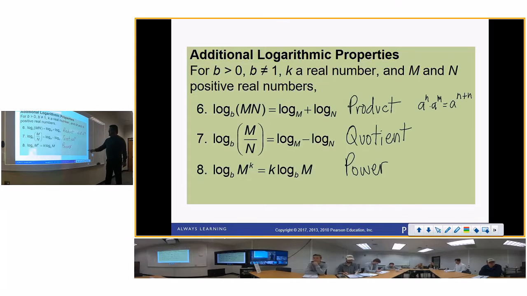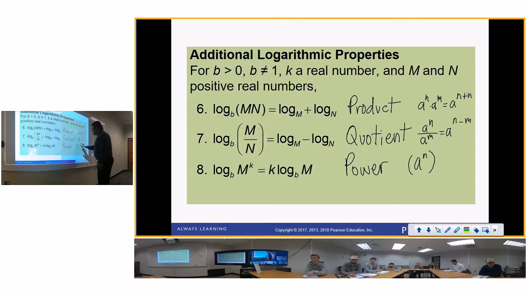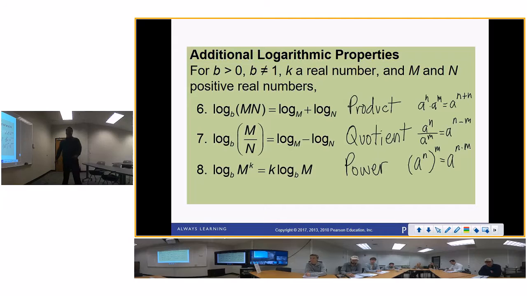A to the n divided by a to the m is equal to a to the n minus m. And a to the n raised to the m power is equal to a to the n times m. That's your basic rules of exponents.